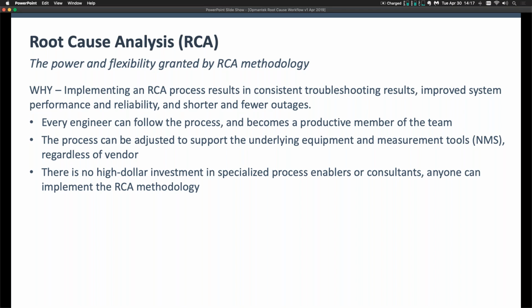The second piece we really see is that the process itself is very, very flexible. There are lots of different steps that can be included in the RCA methodology. I cover many of them in the blog entry I did in December, a primer for root cause analysis. But the concept here is that regardless of the type of underlying equipment you have or measurement tools, and again, those are network monitoring solutions, those could be point solutions provided by vendors, they could be specific solutions provided by third parties, it doesn't matter.